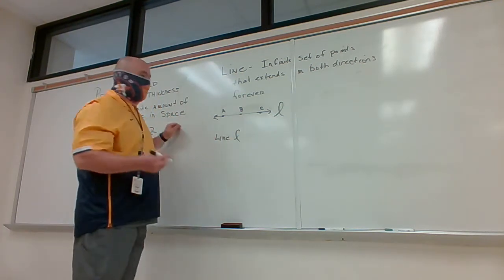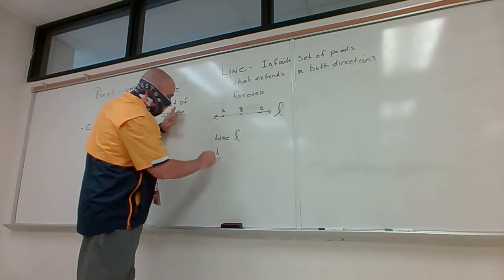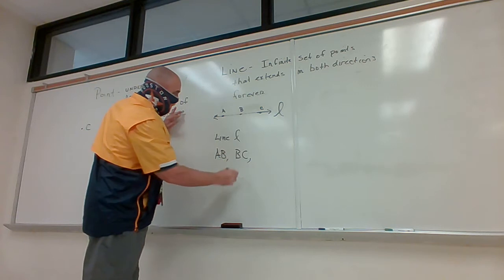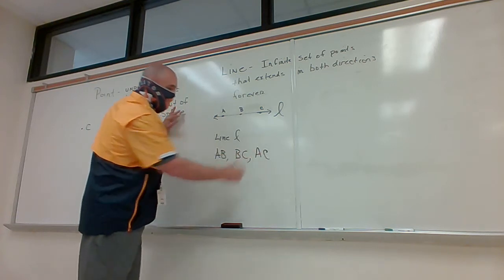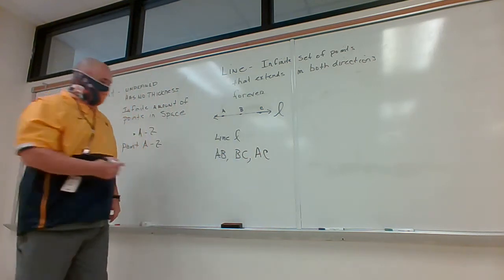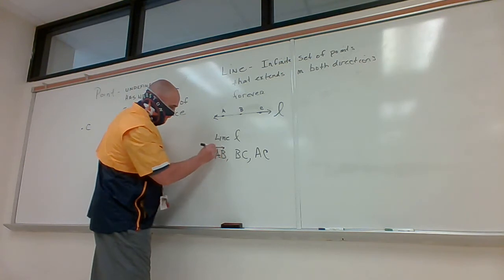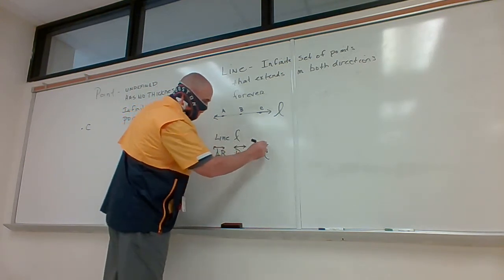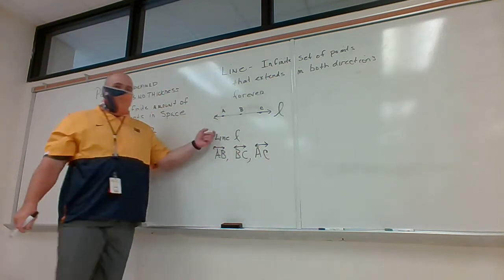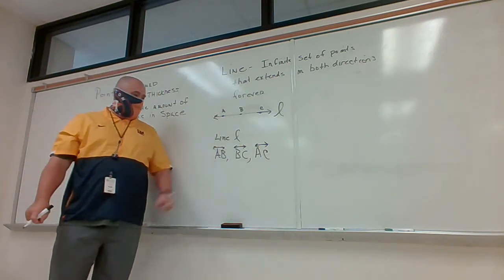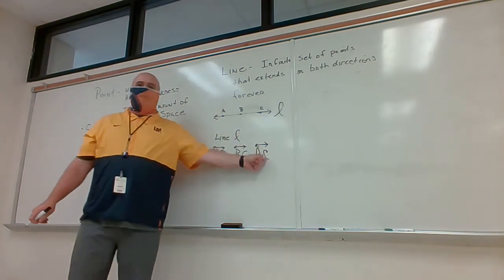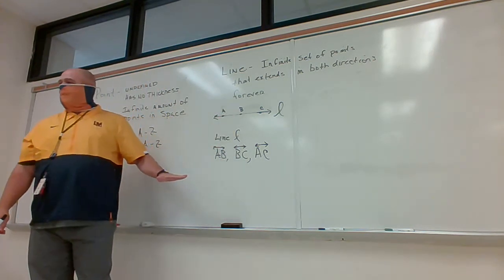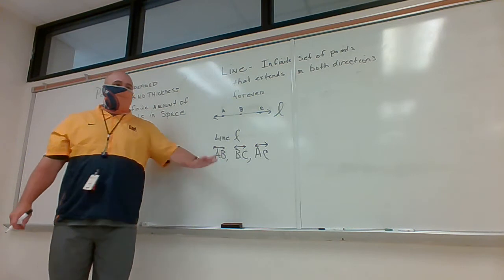But let's take this for instance. It could be AB. It could be BC. It could be AC. Now, how do I show the line? I put a little line over the top of it. That's line L, or that's line AB, or that's line BC, or that's line AC. That's all the same line. Okay? It means the same thing.